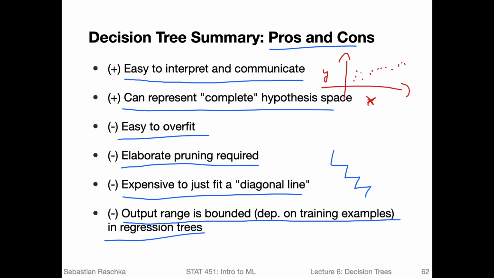The decision tree for regression may look like this to approximate this. However, it cannot go outside the range of the training data. So let's say you collect later on a data point on the x-axis somewhere here, or, let's say, here. What a decision tree would do, it would still, in this case, predict the minimum value in the training set. And here, in this case, it would predict the maximum value in the training set. It cannot extrapolate outside, for example.